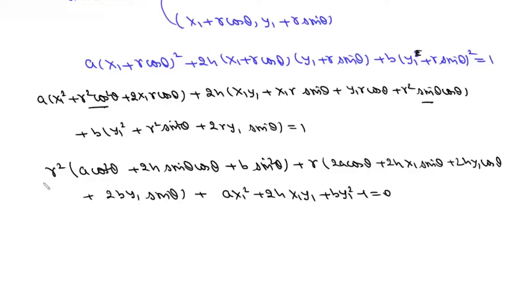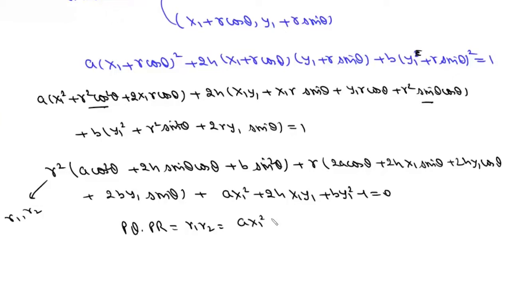Now since this line intersects the curve at 2 points, this equation will have two roots, r1 and r2. Now it says the product PQ into PR is independent of slope. It is independent of theta. Now basically PQ into PR is r1 into r2, which is nothing but the product of roots. And the product of roots is c upon a.